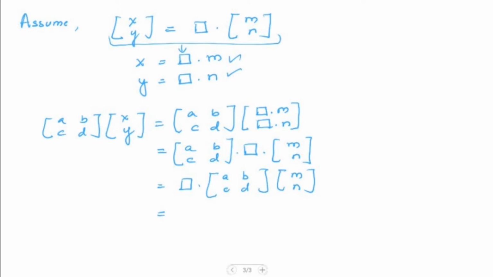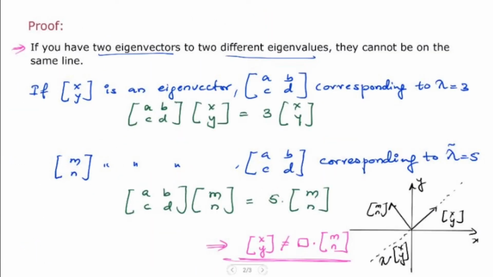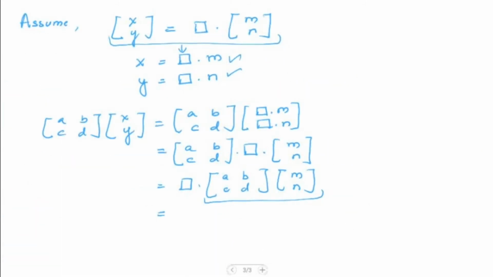Okay, now we know that the real number times mn is actually equal to, so here from the definition, we know that the real number times mn is equal to 5 times mn, right? The eigenvalue times the eigenvector.